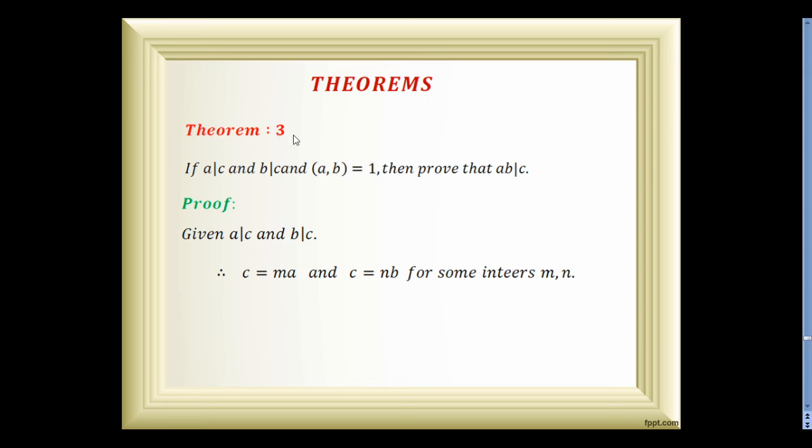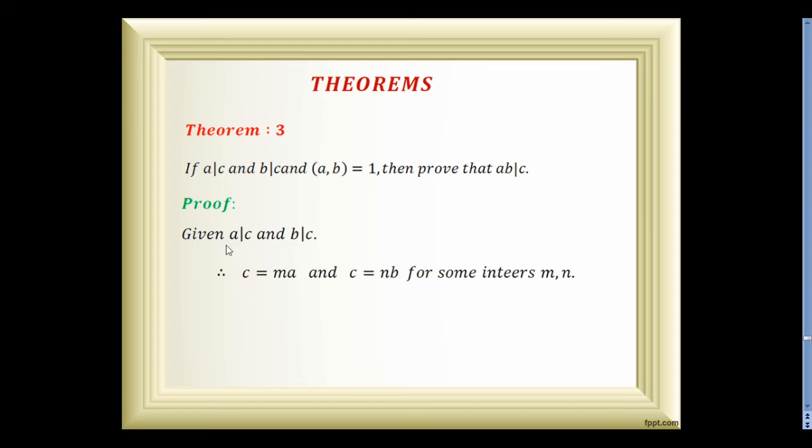Theorem 3. If a divides c and b divides c and (a, b) equal to 1, then prove that ab divides c. So we assume a divides c and b divides c.